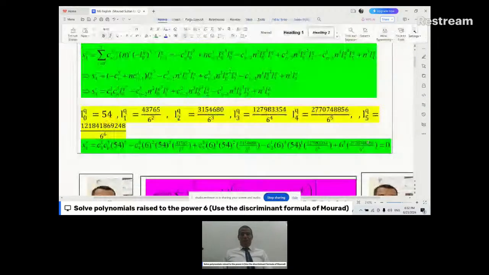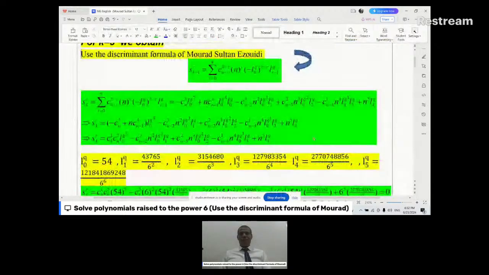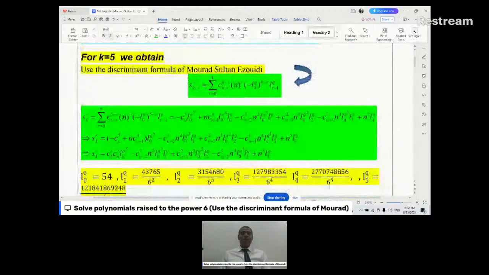So therefore, learners, to find the value of S4, you will just replace k with 5. Because from the beginning, we said that for k equal 5, you use the discriminant formula of Mourad Sultan Ezouidi, and you will get S k minus 1 of order r equal the sum from 0 to k of combination n minus r choose k minus r, n raised to the power r, between parentheses negative L0 of order q raised to the power k minus r, times L r minus 1 of order q.